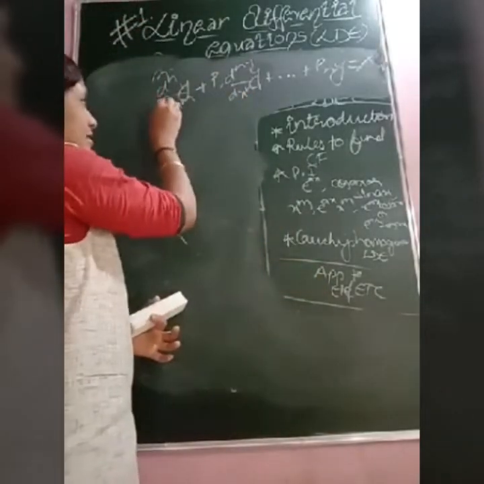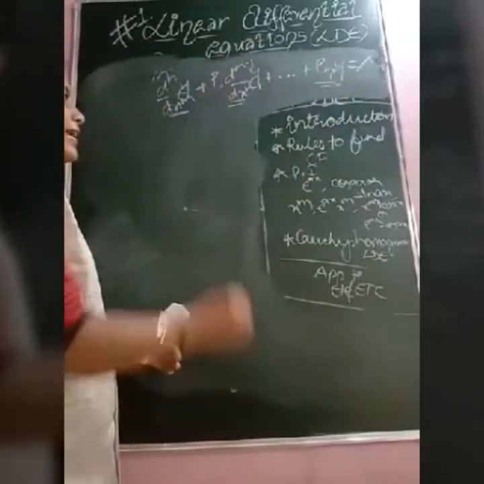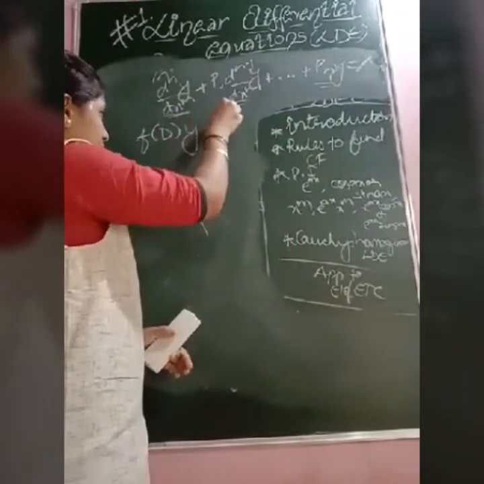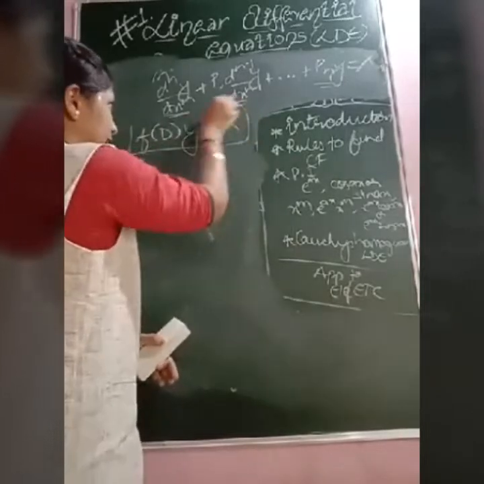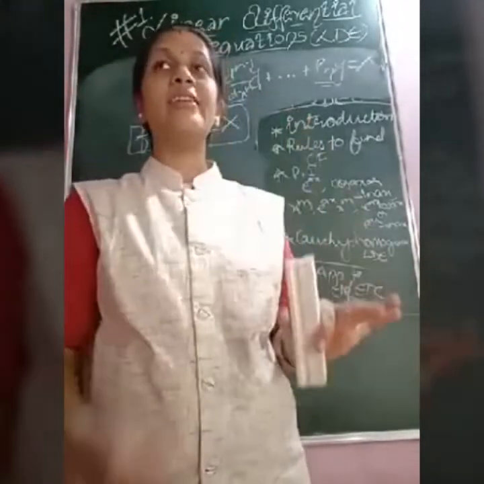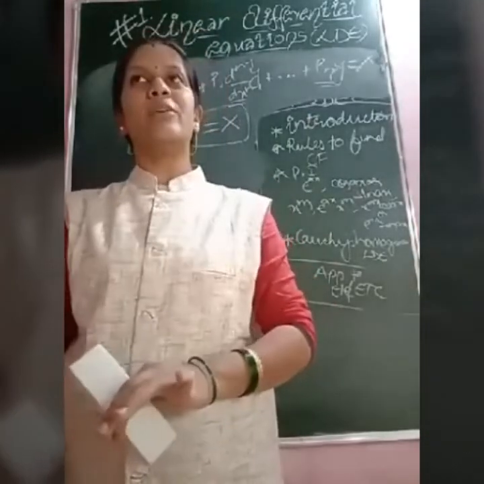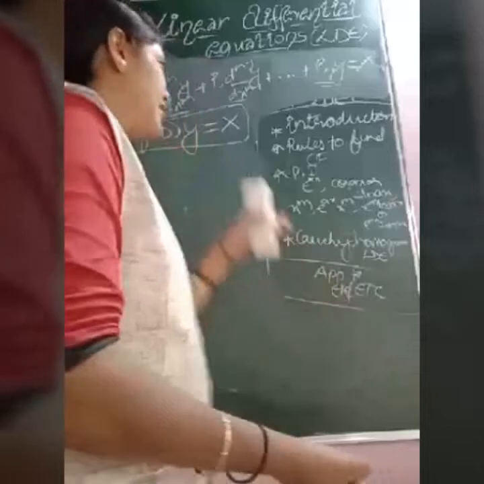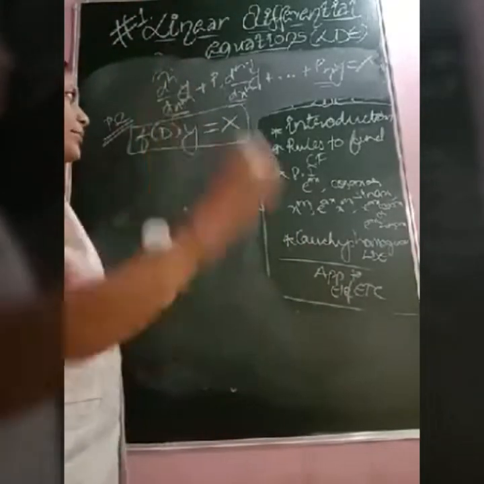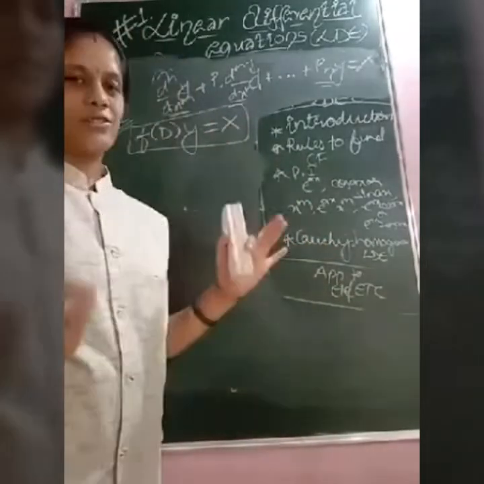So this is nothing but some function of D, so I can write f(D) y equal to capital X. So the alternative form of linear differential equation with constant coefficient is f(D) y equal to capital X. From now onwards we will remember this: f(D) y equal to X. It is very easy to remember.